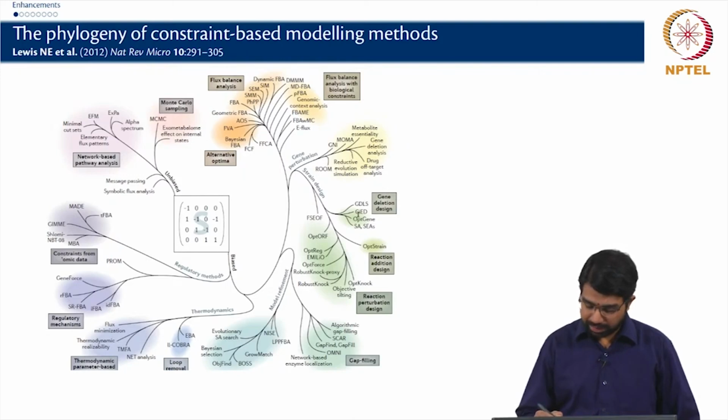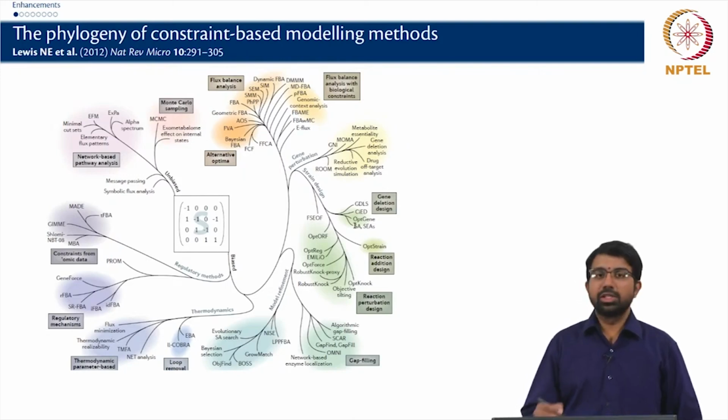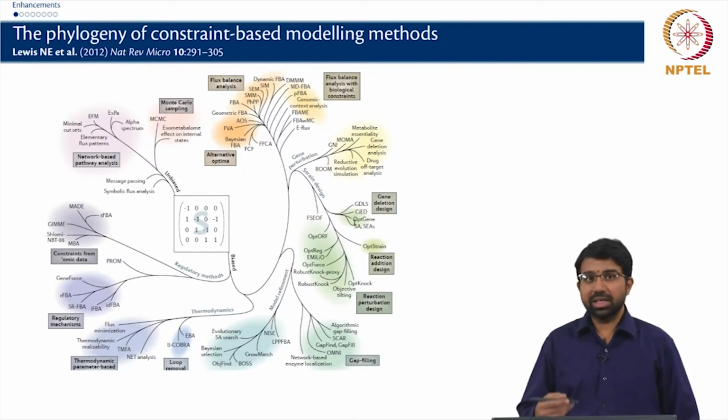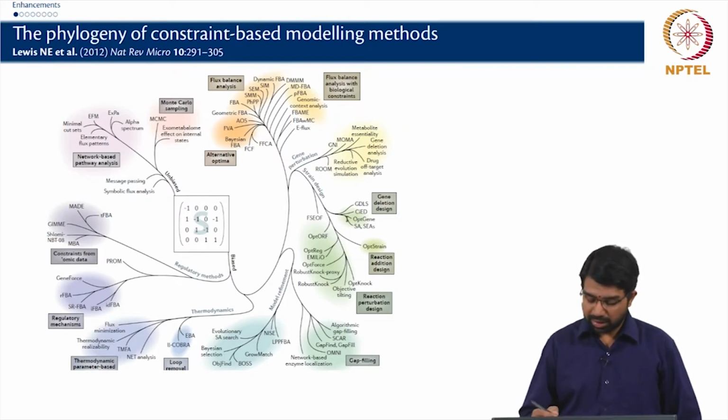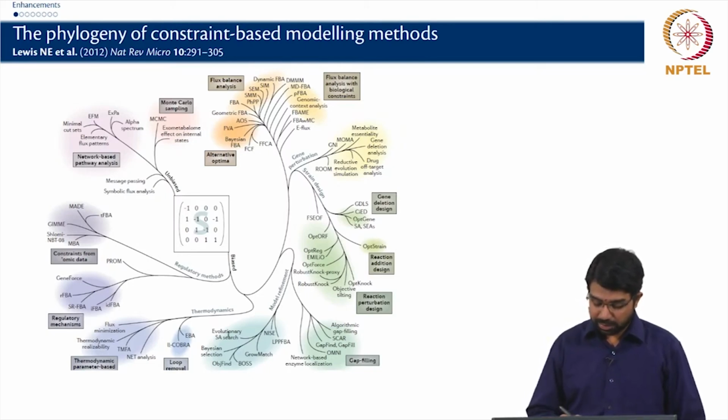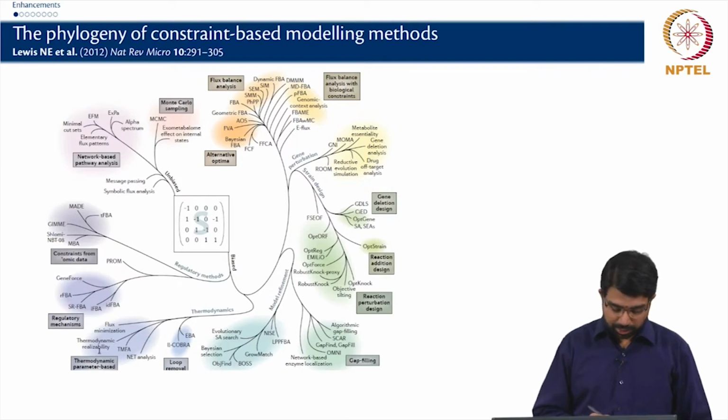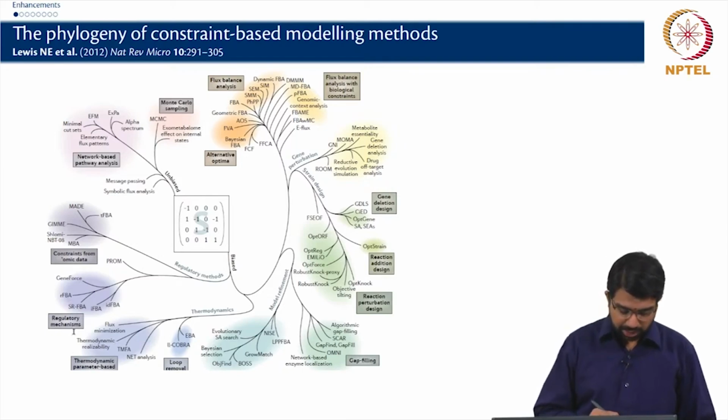There is something known as GDLS as well, which basically uses a genetic algorithm to design a new strain. Then there is OptStrain, OptKnock, a whole lot of things. Then there are many methods for gap filling, loop removal, thermodynamic parameter based methods, regulatory mechanisms, constraints from omic data, right. So, this is interesting.